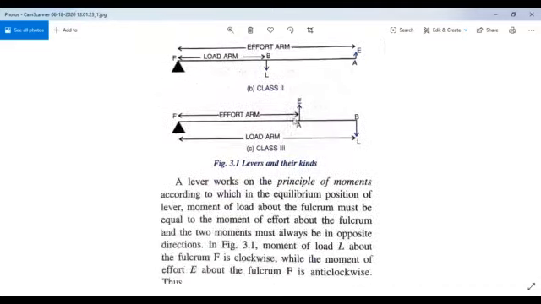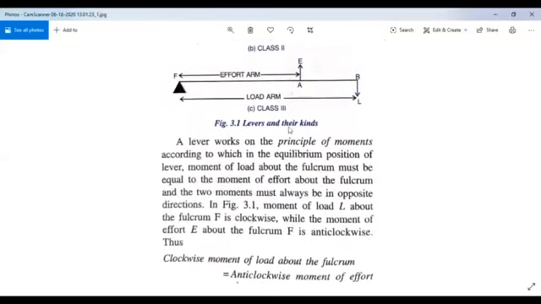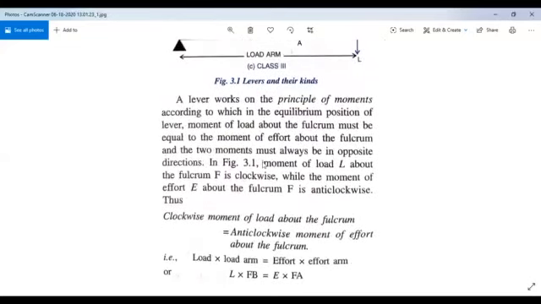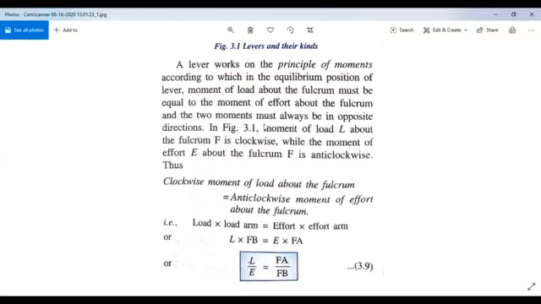Next is, a lever works on the principle of moments, according to which in equilibrium position of lever, the moment of load about the fulcrum must be equal to the moment of effort about the fulcrum, and two moments must always be in opposite direction, as we have studied this in first unit.